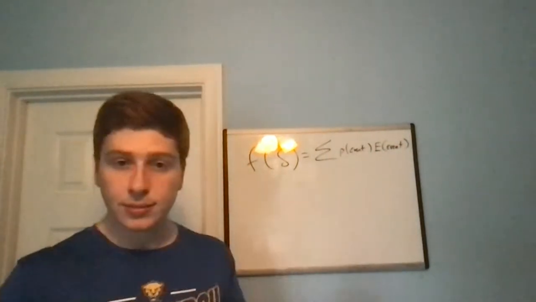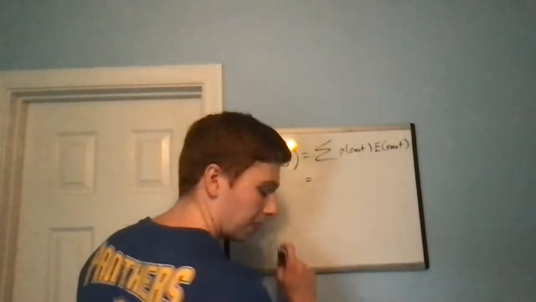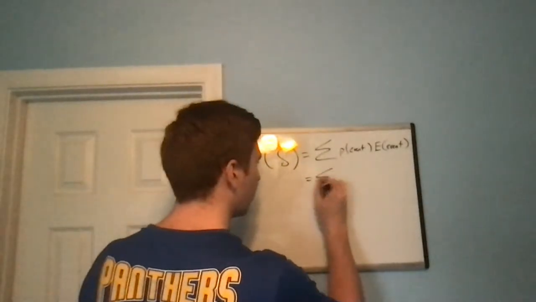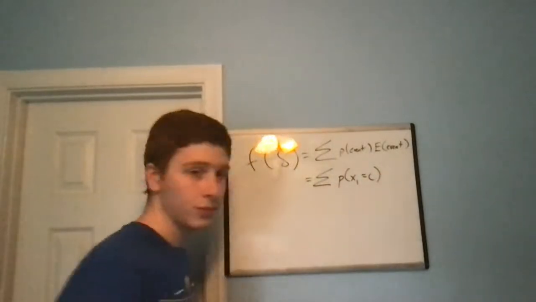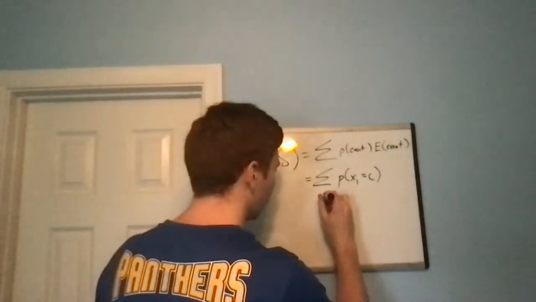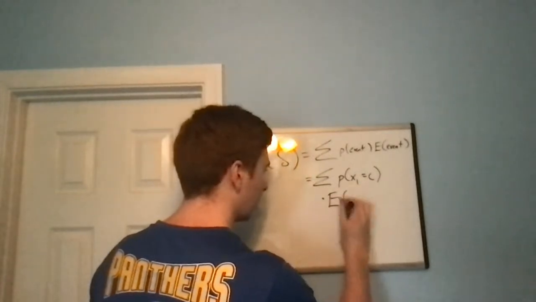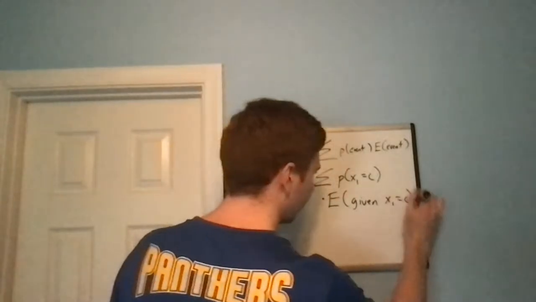And that event, instead of being the number of moves it takes, is going to be the probability that x1 equals a particular value c, and then the expected number of moves it takes given x1 equals c.